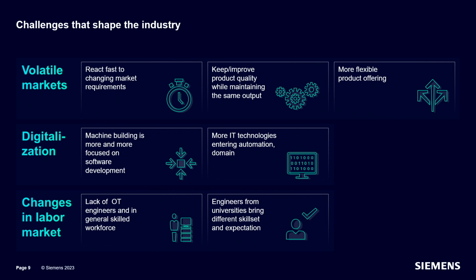And then the third pile on the bottom, and that is something that we can see in the domain pretty much, is the lack of OT engineers. More and more engineers coming out of universities and educational institutions are experienced with IT technologies.